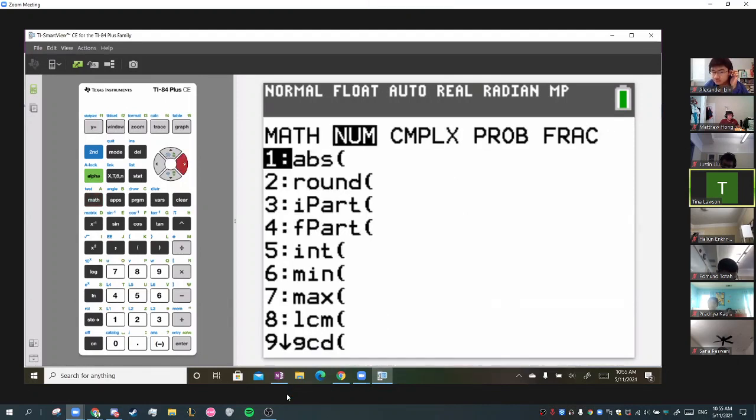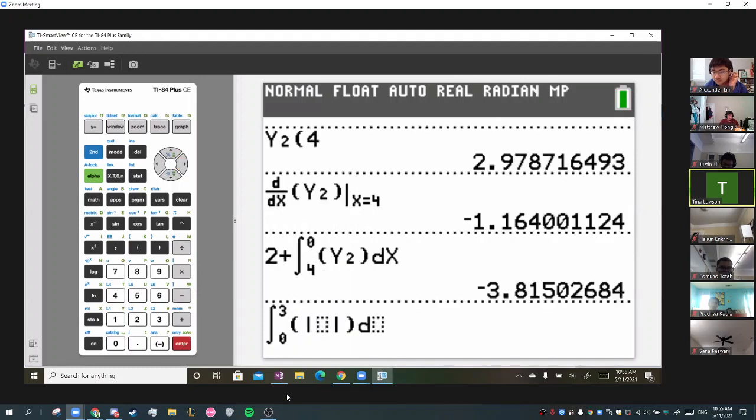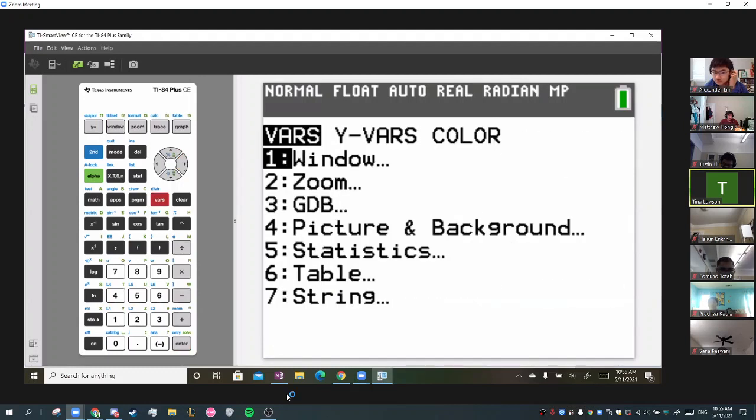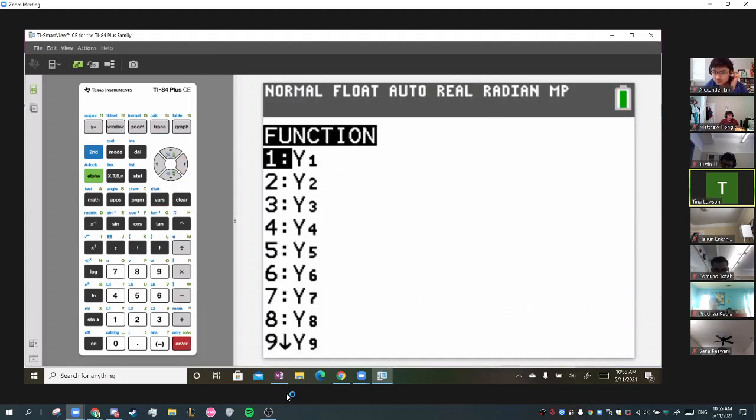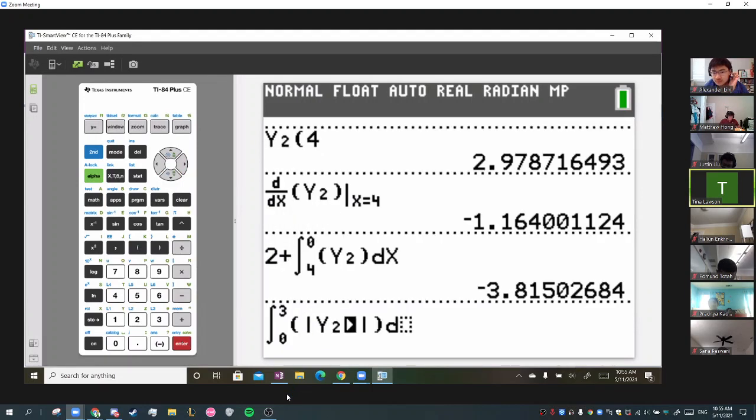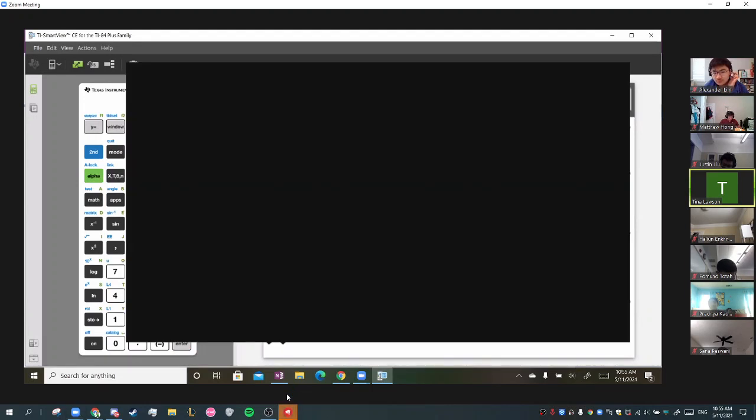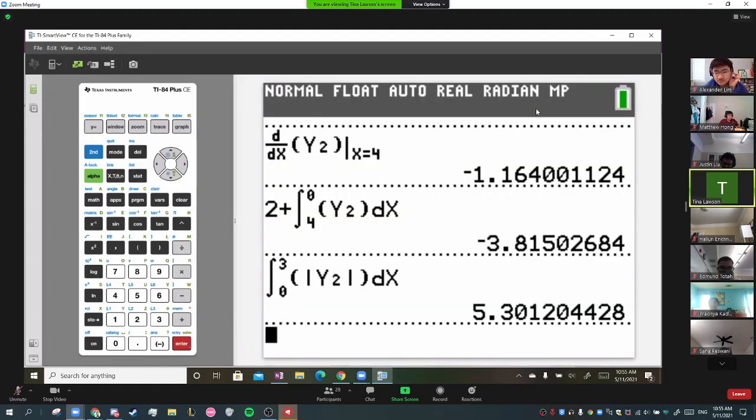You have to cursor over to num. There is absolute value. And then that's when you go grab the vars feature, which hopefully we all know how to do by now. And then with respect to x. It will turn all of those negative velocities into positive ones. It'll accumulate them all. And there you go. That's your total distance.